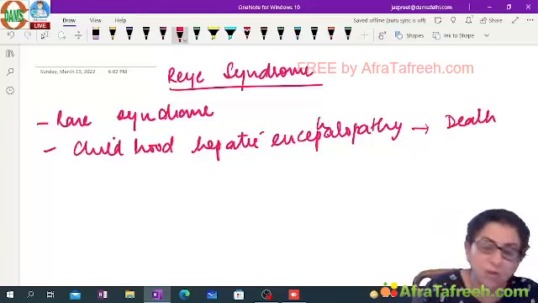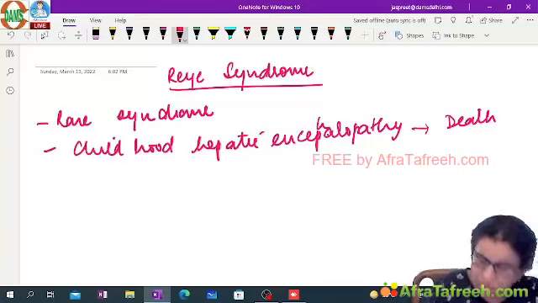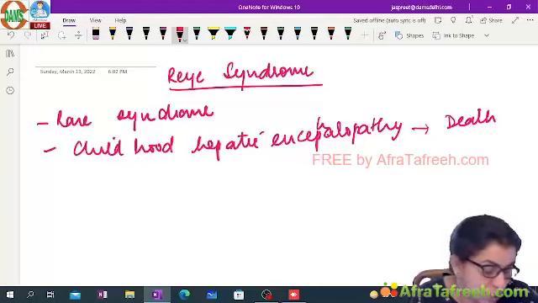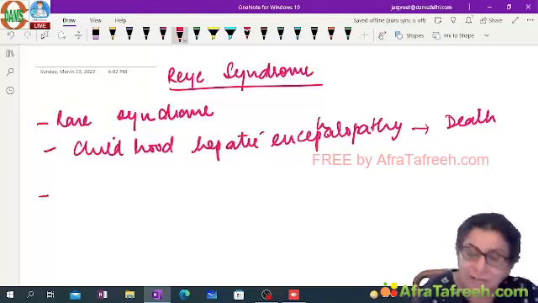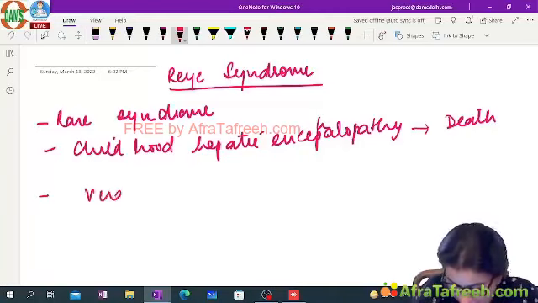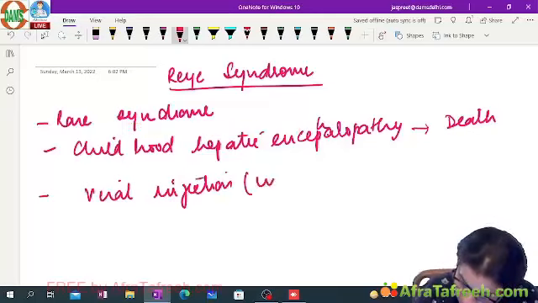Okay, now what is the cause and what are the features of Reye's syndrome? Who are the children who have this Reye's syndrome? Now this is, child develops viral infection. So this is seen in children who have viral infection, like influenza infection.